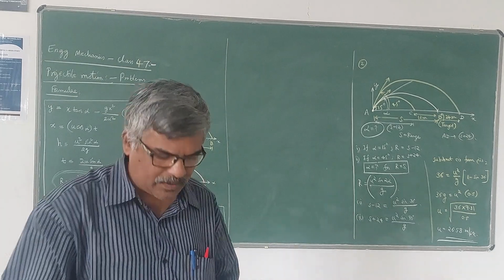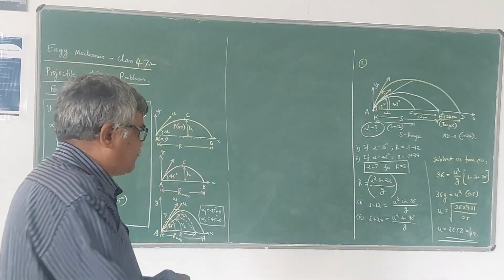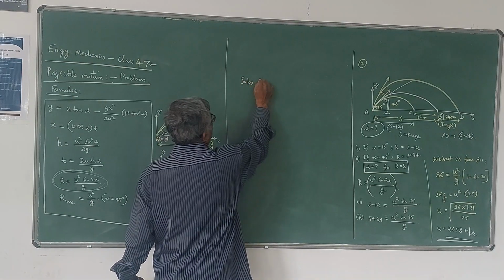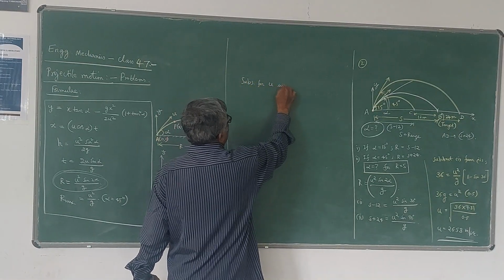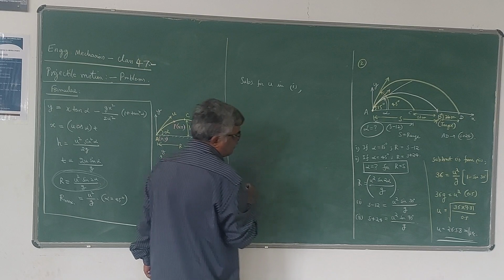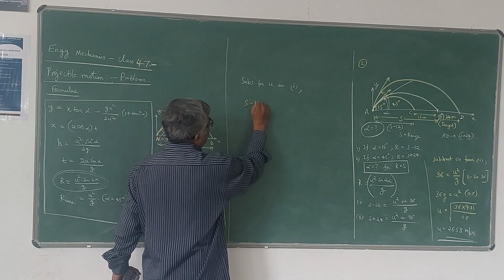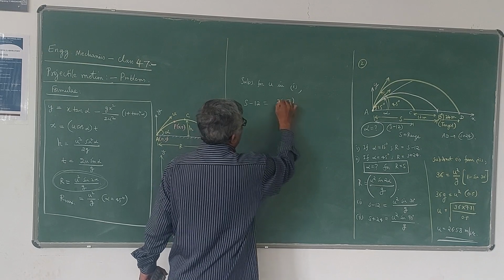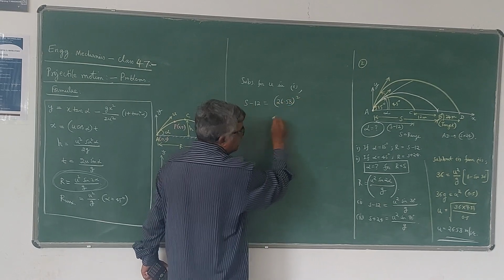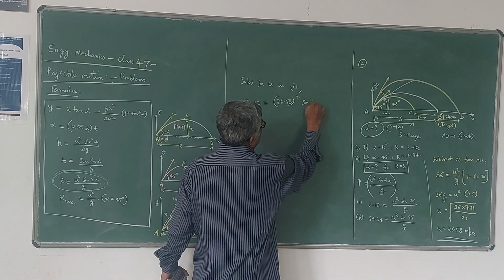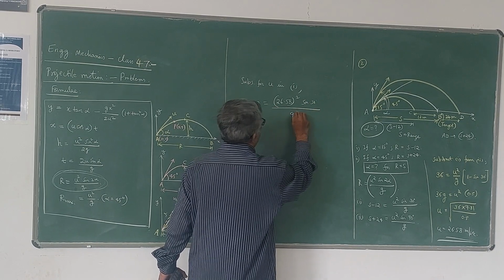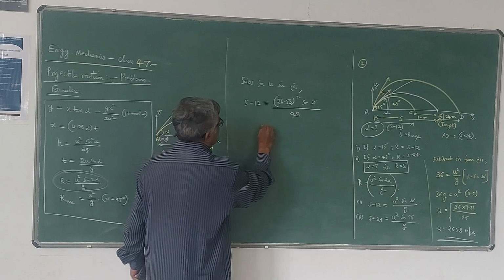Now substituting for U in any one of the equations, I will put in the first one. So S minus 12 is equal to U, 26.58, square of that into sin 30 divided by G, G is 9.81. Now from this you can get the value of S minus 12.